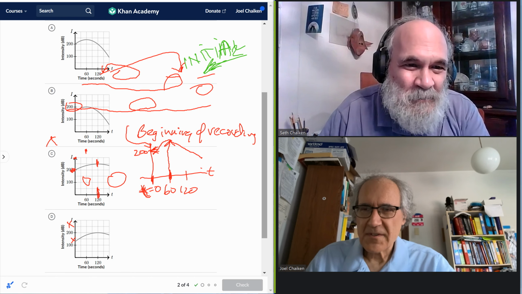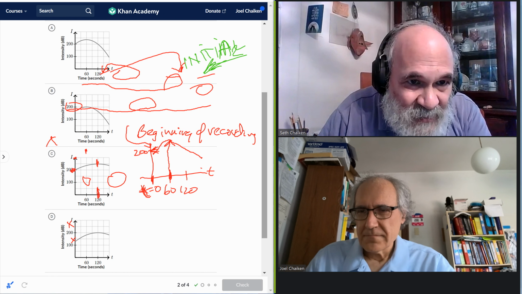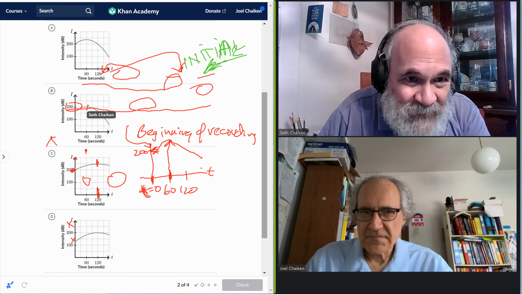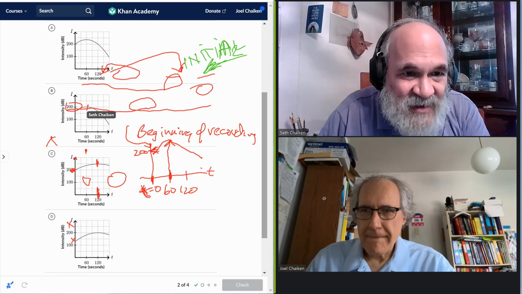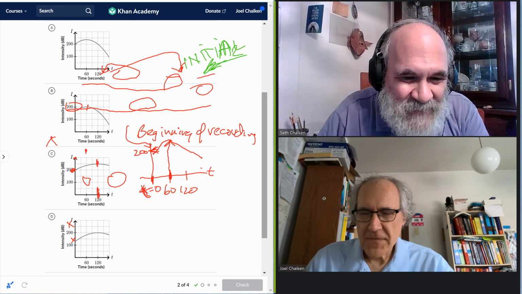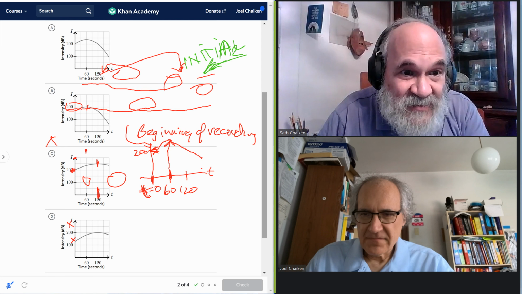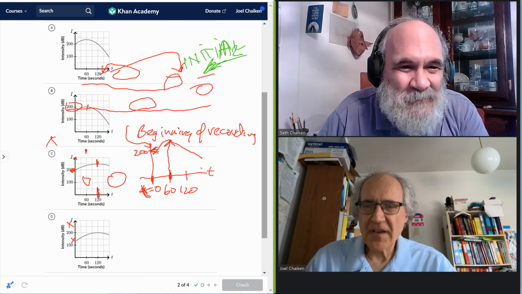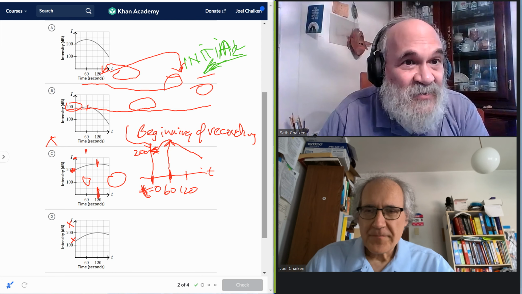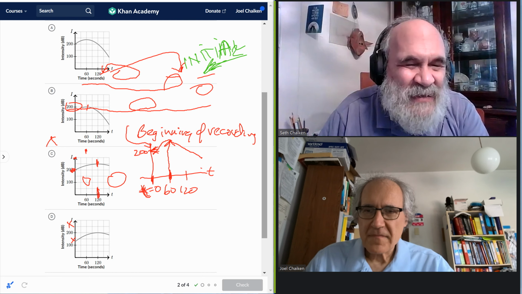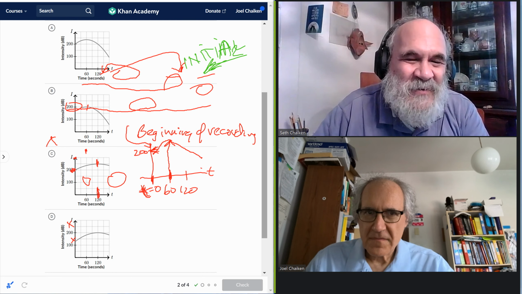In B, it reaches the maximum at 60. In C, it starts at 200. And D is neither. And A is the only one that meets all the requirements.